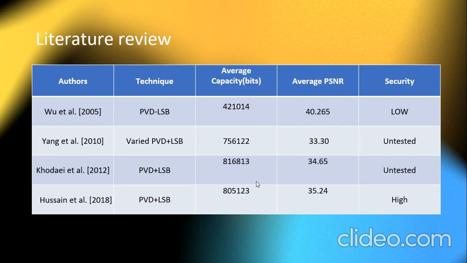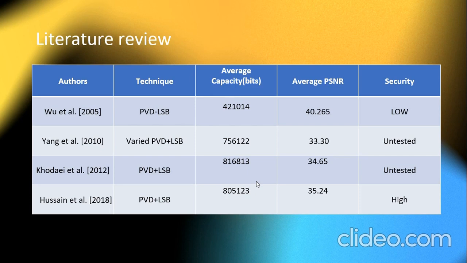This is a sample of the literature review where you can see some authors, their used techniques, and some results of the studies. We can see in 2005 a method was proposed by W. et al. using the PVD and LSB method, and he got a good PSNR value, but the security was less.